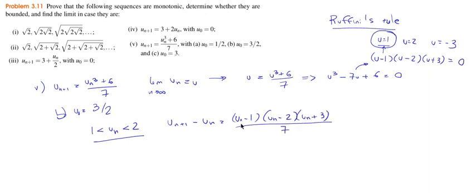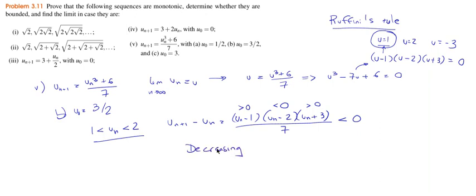Now u sub n minus 1 is greater than 0, because u sub n is between 1 and 2. U sub n minus 2 is smaller than 0, and u sub n plus 3 is greater than 0, because u sub n is always greater than 1. So this is positive, negative, positive. We have a negative numerator, so this is smaller than 0, so the sequence is decreasing.